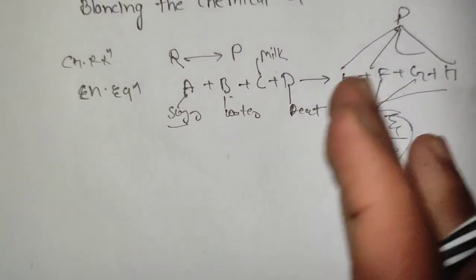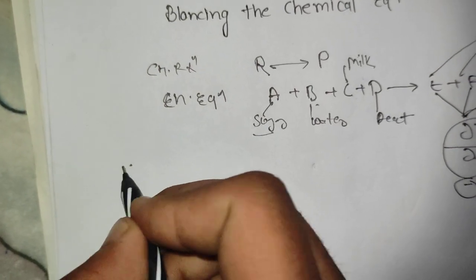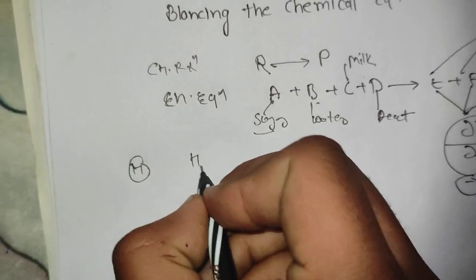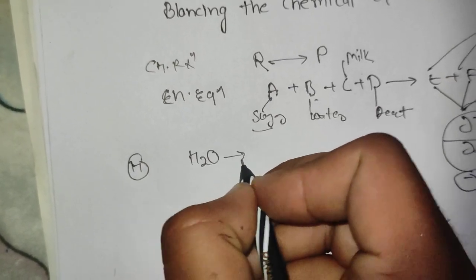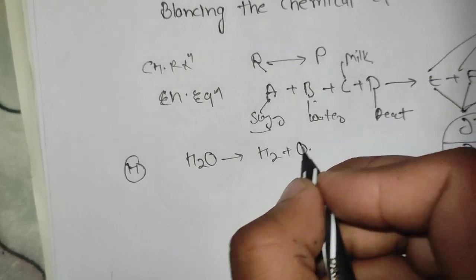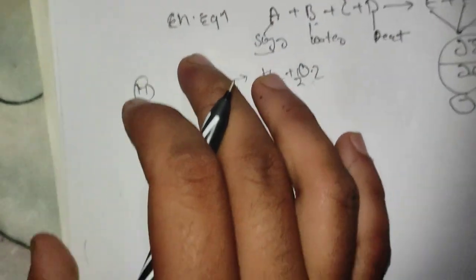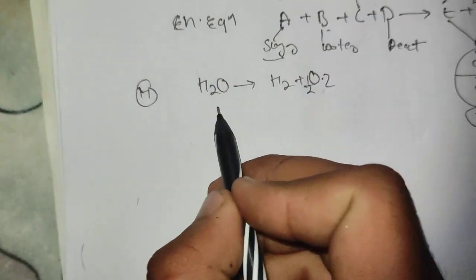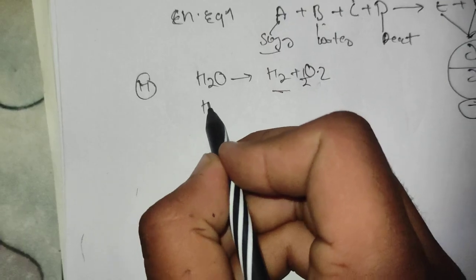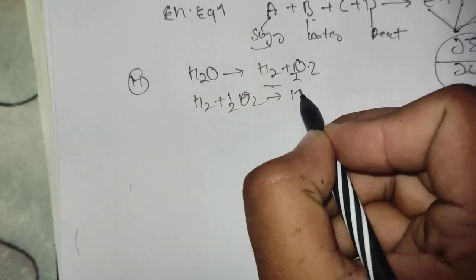So for a second chemical equation I am using H2O. How do they create it? Say hydrogen plus oxygen, when they meet we get the overall reaction like this: hydrogen plus O2 gives H2O.